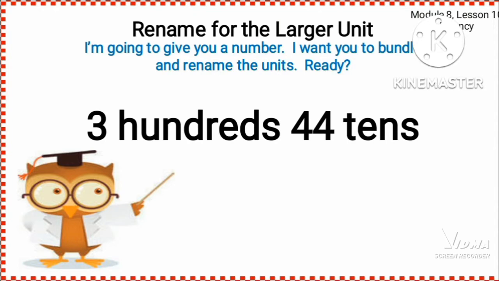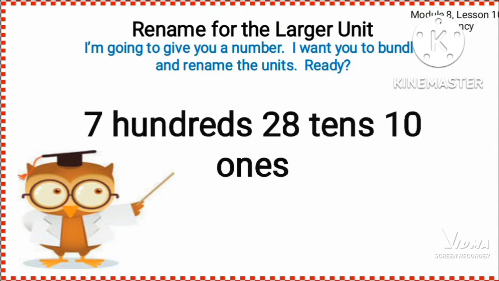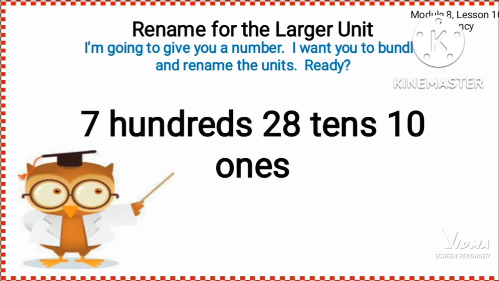What is 740? 700s, 28 tens, 10 ones equals 900s, 9 tens. 990.